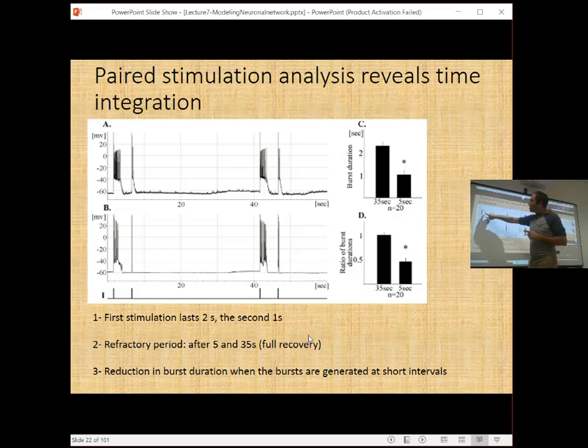Now suppose you activate again after a few seconds. What do you see? You see that you don't have anymore the same response. But if you wait sufficiently long and you reactivate, you are back to the first response. And if you reactivate again at an interval of 5 seconds or a few seconds, you get a smaller response.